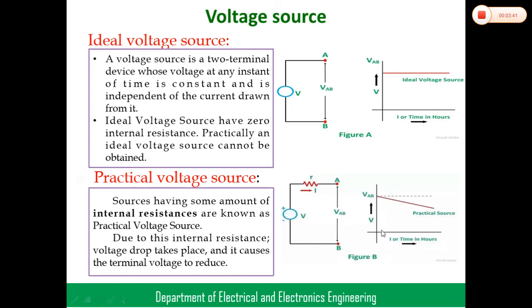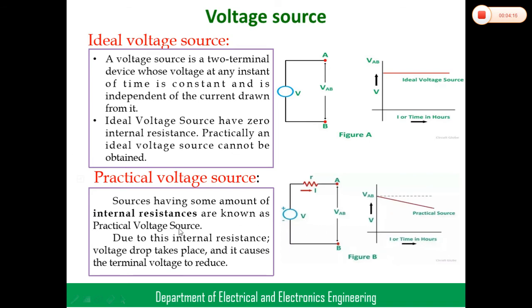As the current increases, the voltage drop across the resistance also increases, so the terminal voltage reduces. In the previous case the terminal voltage is always constant because there is no drop, but in this case the applied voltage is V and some voltage drop takes place, so the terminal voltage is reduced. That's why the characteristics are drooping.